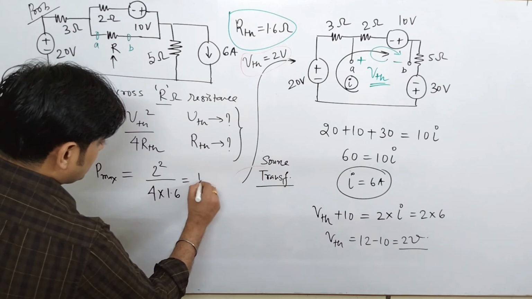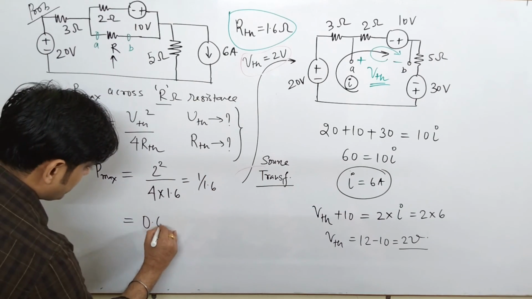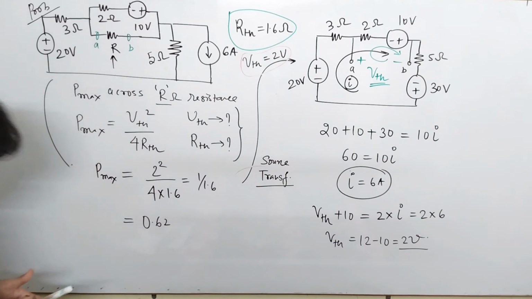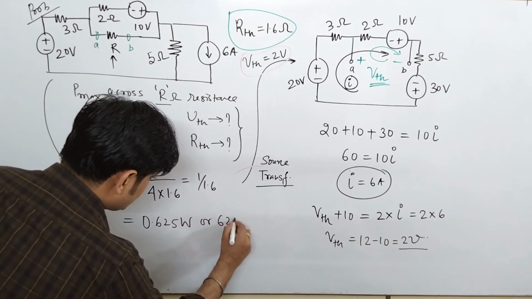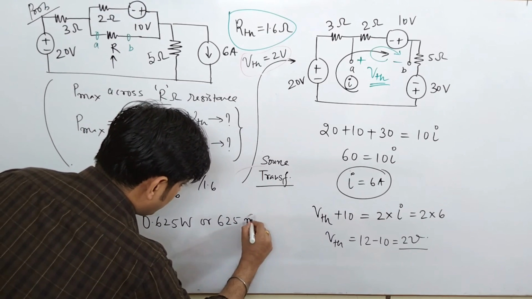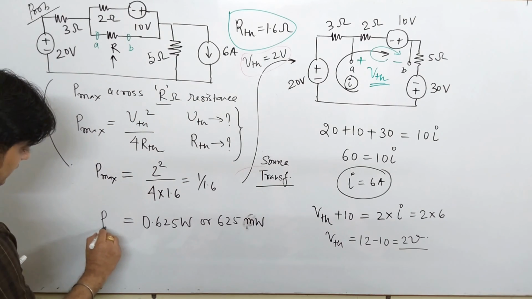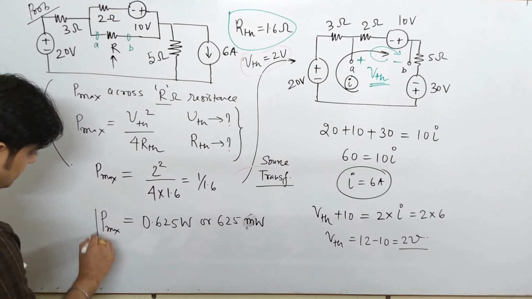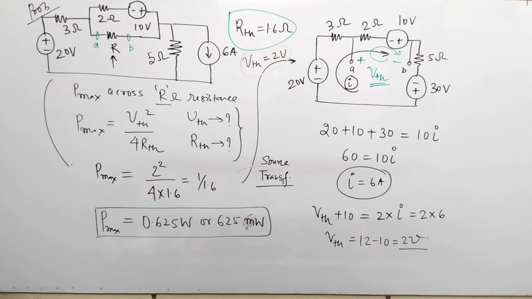So it is 4 upon 4 into 1.6, which comes to be 0.625 watt, or you can say 625 milliwatt. This is your value of maximum power delivered.